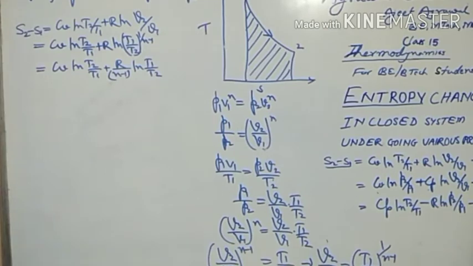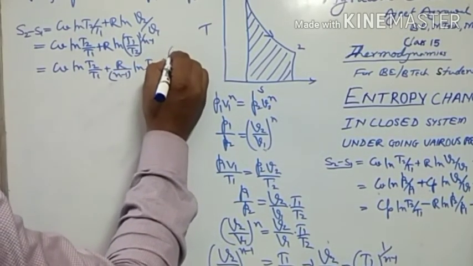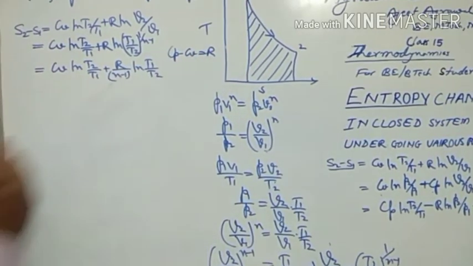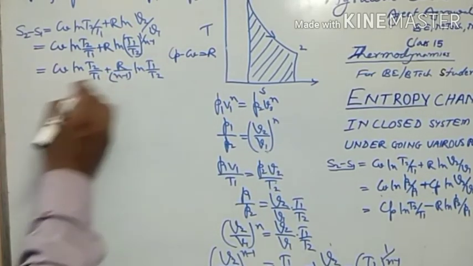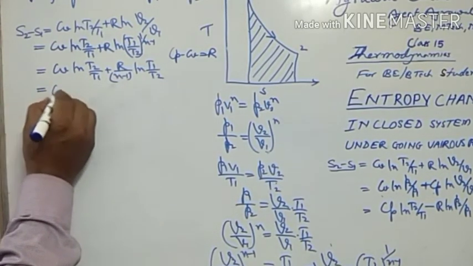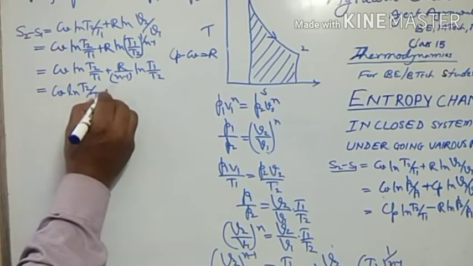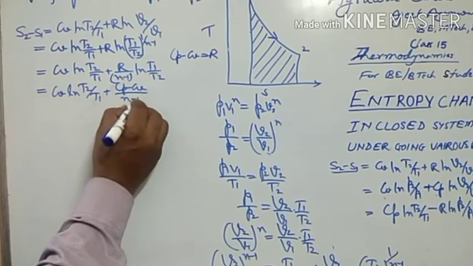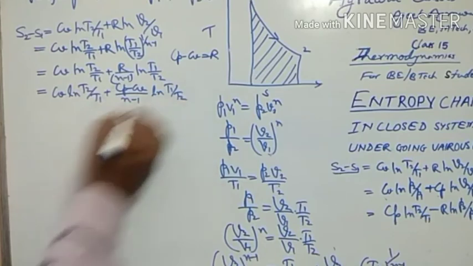Now instead of R we can write Cp minus Cv, because Cp minus Cv equals R. So this equation we can rewrite as Cv log of T2 upon T1 plus Cp minus Cv upon n minus 1 log of T1 upon T2.